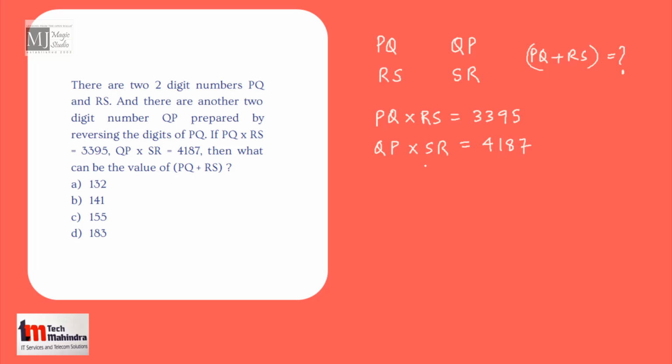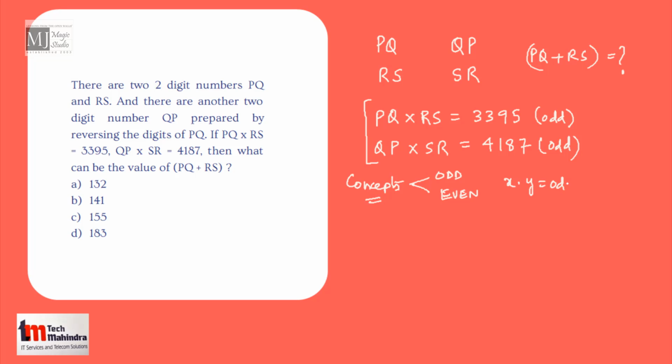Now, if we try to factorize it and then try to identify what these two-digit numbers can be, that really would be time consuming, isn't it? So these are actually based on concepts of numbers, that is, the character of odd and even numbers. Product of two numbers is odd. If you can see, this is odd, and this is also odd.